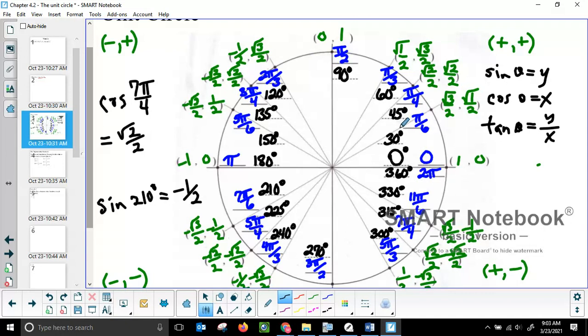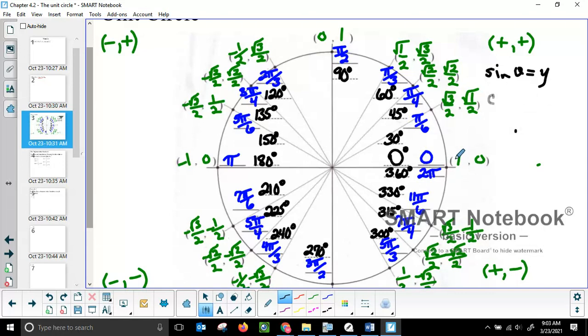Hopefully. A little bit. Okay, so what I'm going to do now is go back around the unit circle and put the tangents. You said the cosine of 7 pi over 4 would be square root of 2 over 2, because it's your x coordinate. Yep.